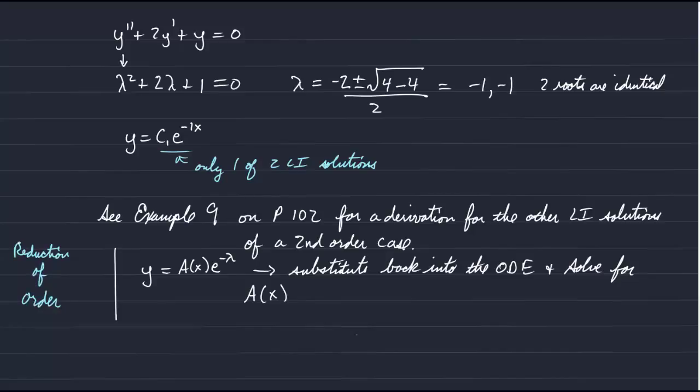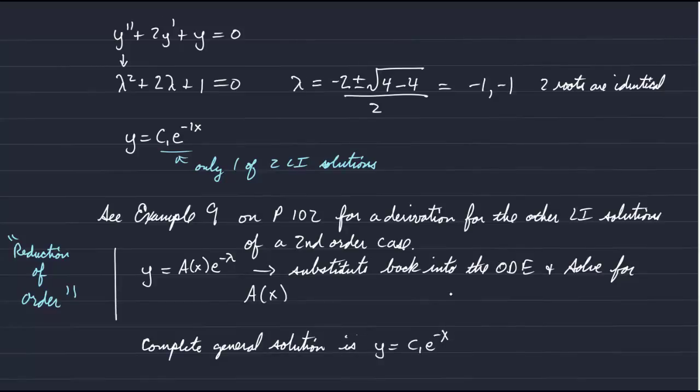That's the method to find these other solutions. And it turns out that a is equal to x, so the complete general solution is y equals c1 e to the minus x.